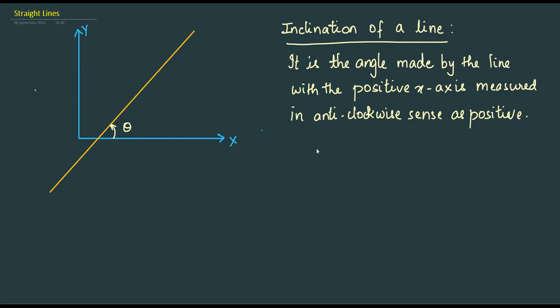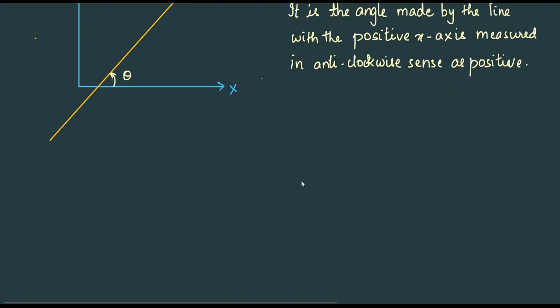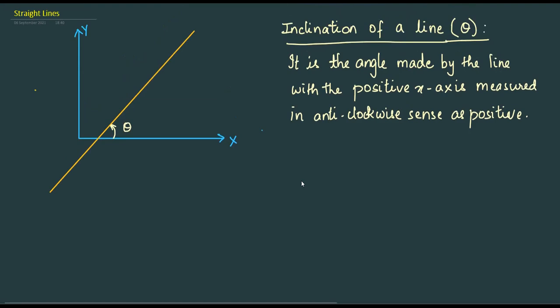Theta is the inclination. Can you say what is the minimum value and the maximum value of inclination? Any of you? What is the minimum value of inclination and the maximum value of inclination?